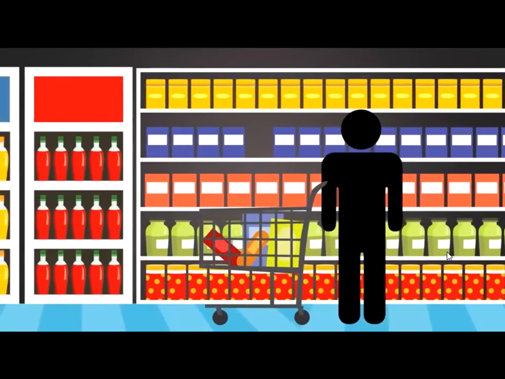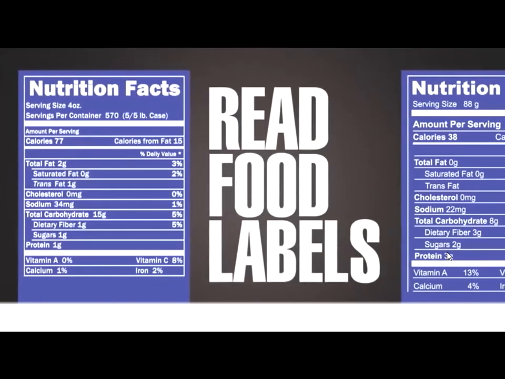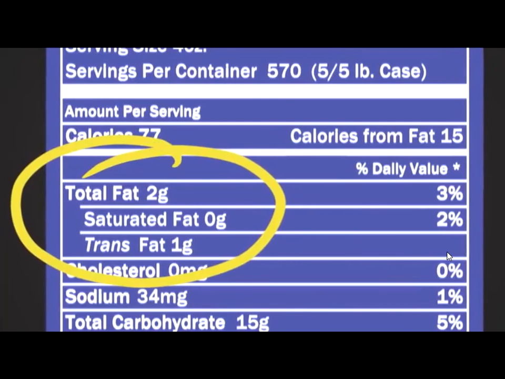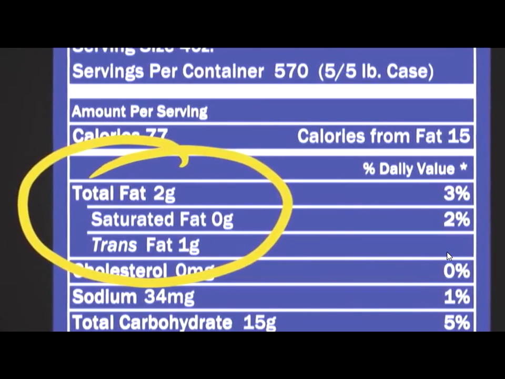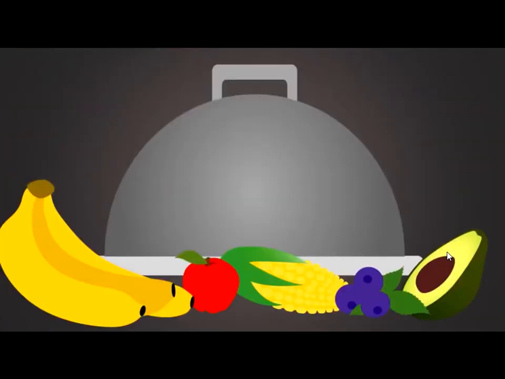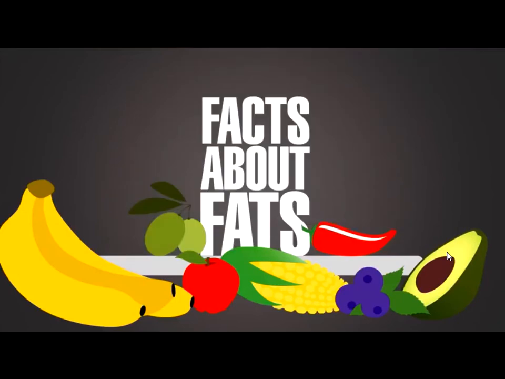So, how do you avoid the bad and get the good? Your best bet: read food ingredient labels. They contain valuable information that will help you make better decisions about what you eat. Maintaining a healthy lifestyle can be easy if you know your facts about fats.